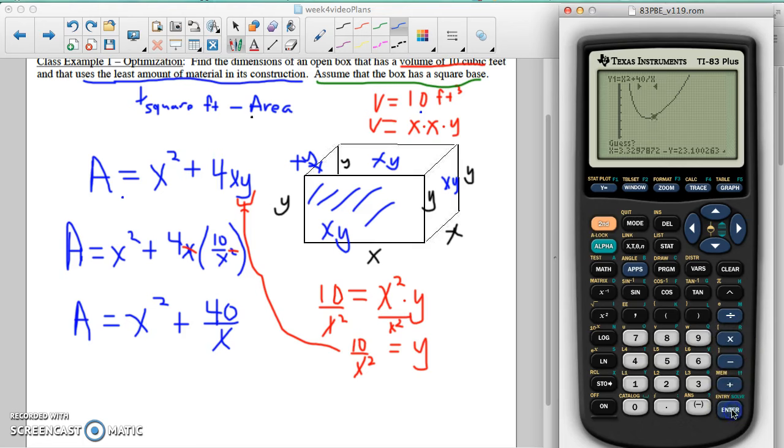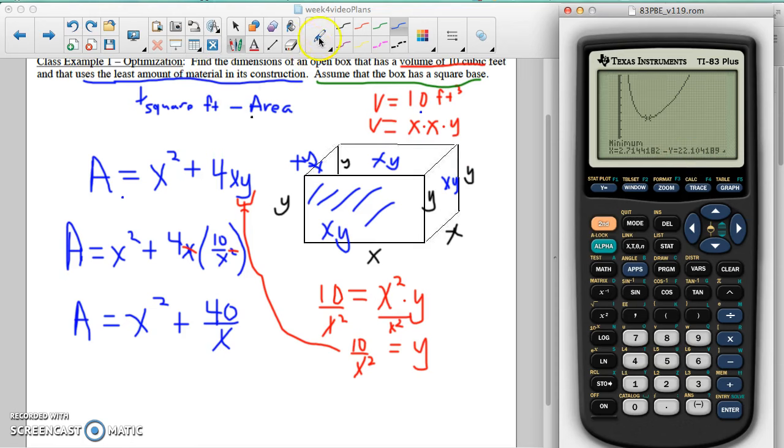Hit enter. And I guess I moved close to where I think it might be, and I push enter again. And it's going to tell me my minimum value. So this is telling me that my minimum value happens when my base is about 2.7. So my x value here is approximately 2.7, and my area is going to be 22.